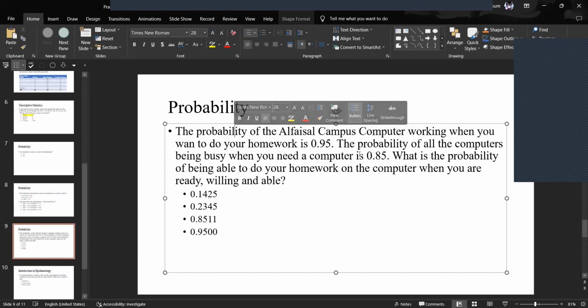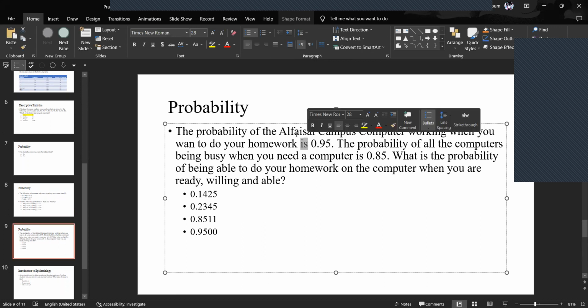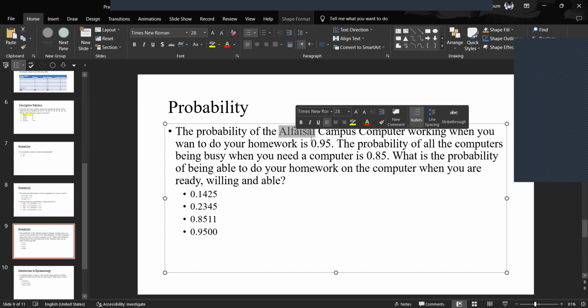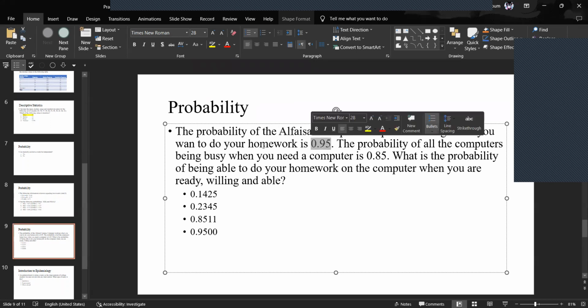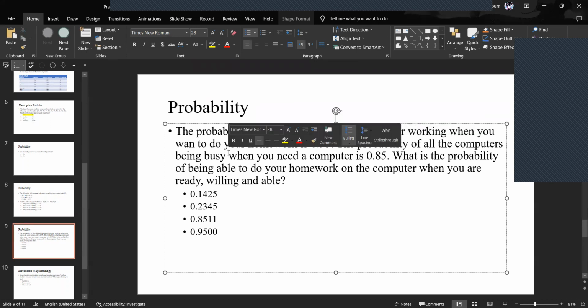Okay, so the probability of the Al Faisal campus computer working when you want to do homework is 95%, and the probability of all computers being busy when you need a computer is 85%. So what's the probability of being able to do your homework when you are basically ready? All right. And so these are effectively two independent events.